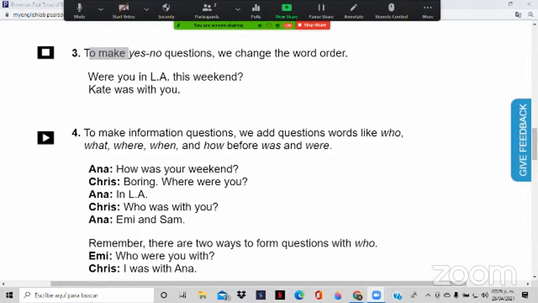Was Kate with you? Good. So in order to make questions, all you have to do is change, okay? We always, in English, whenever we are asking, we always begin with an auxiliary verb.